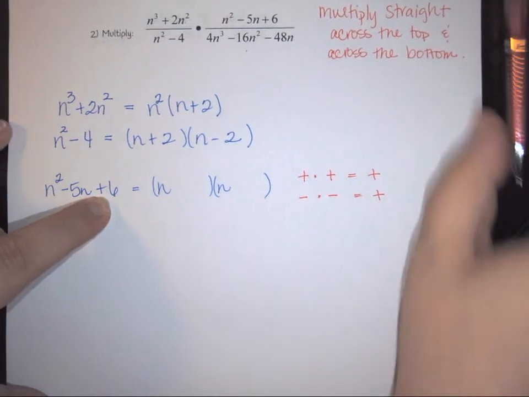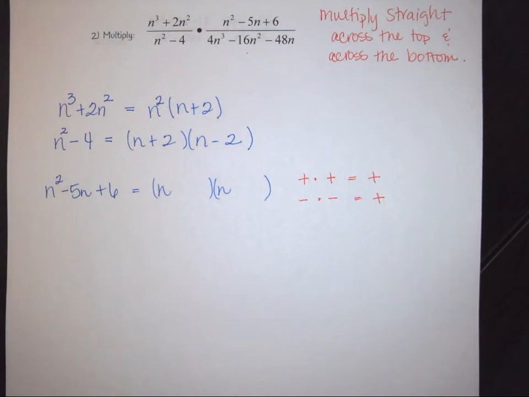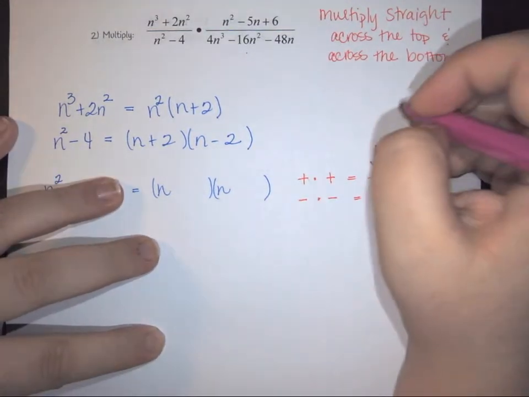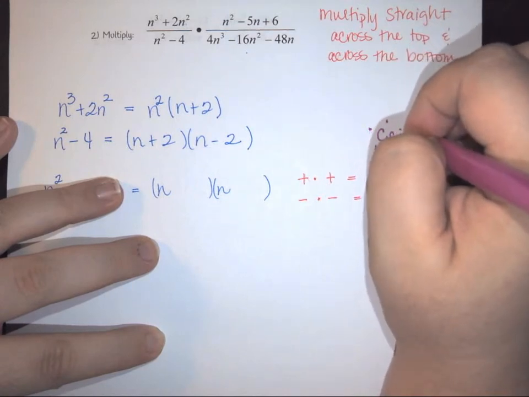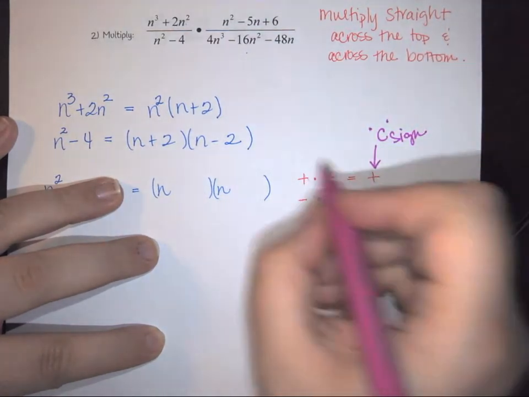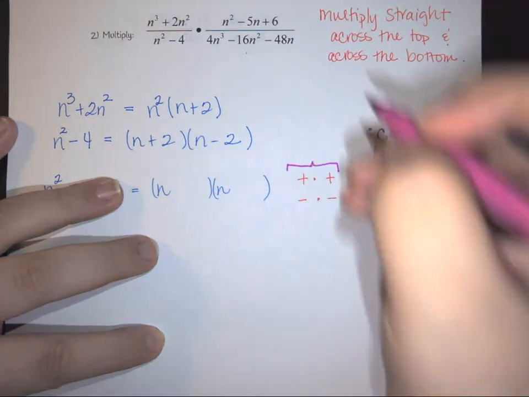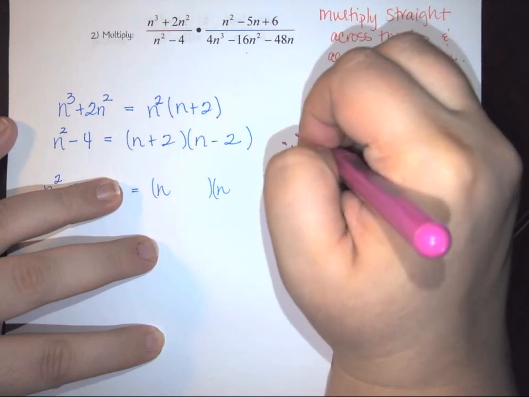Again, what you need to remember is that this side of the equal sign is your C sign, and this part over here is your B sign.